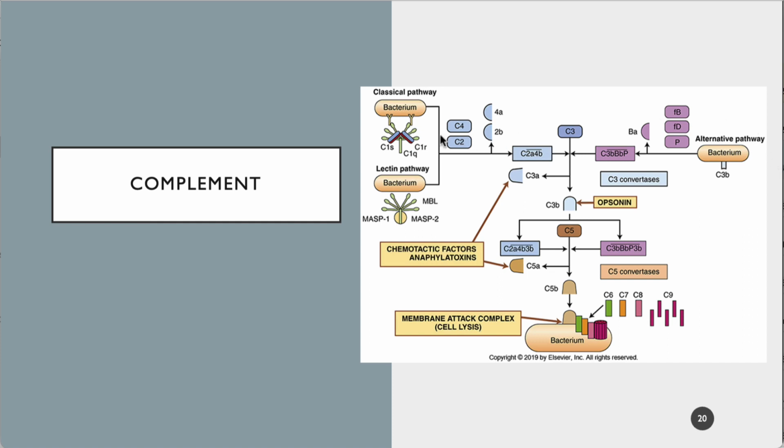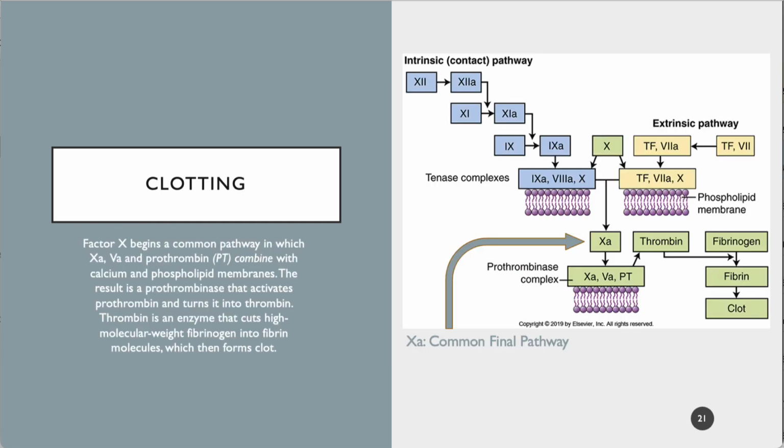So through all of these very complex mechanisms, we end up causing bacterial death, and some of these things identify the bacterium and mark it for death. And we also have chemotactic factors that get white blood cells to the site that needs them. And complement is what we have to thank for all those things.